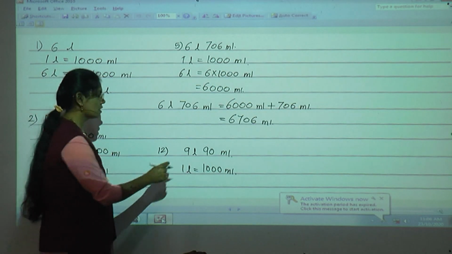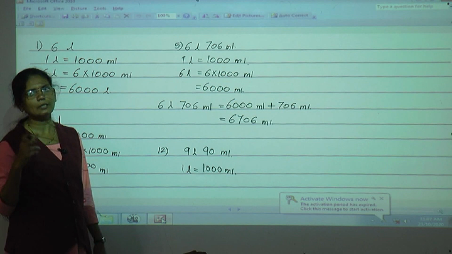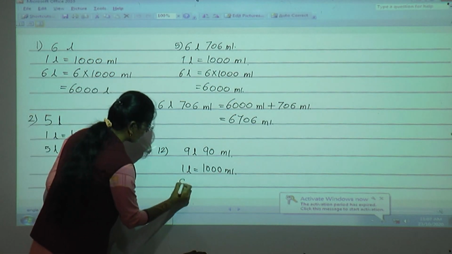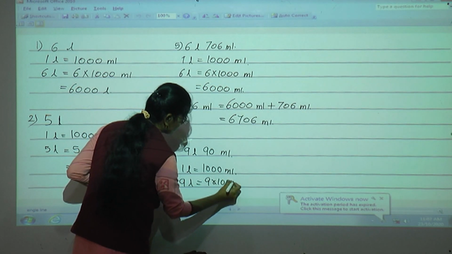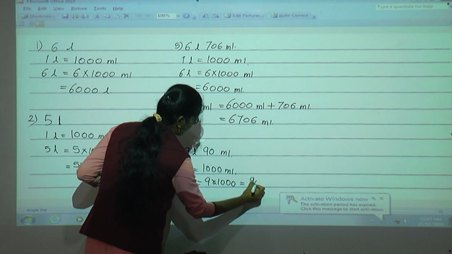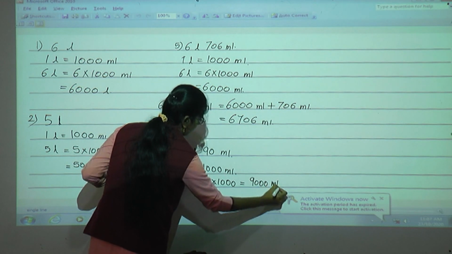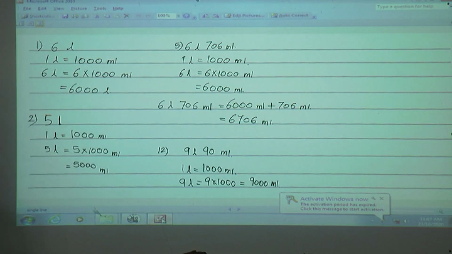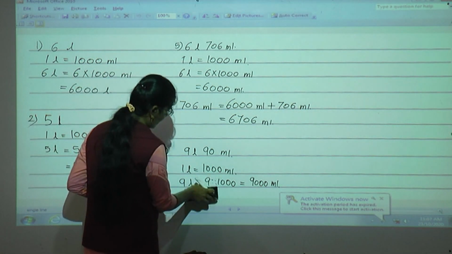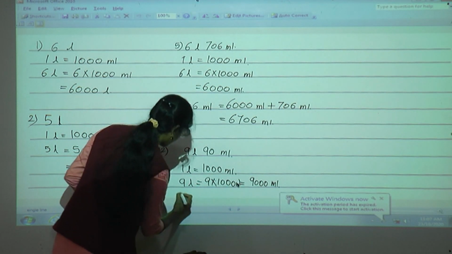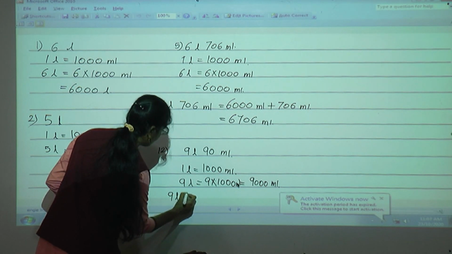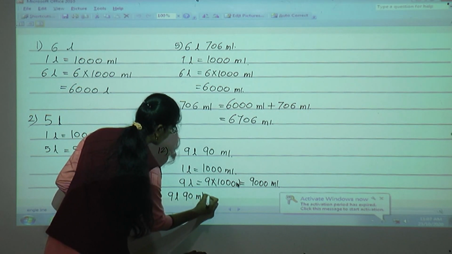So first we will convert this 9 liter into milliliter. So 9 liter is equal to 9 into 1000, that is 9000 milliliter. Then what is the example? That example we will write as it is. So here 9 liter 90 milliliter is there.